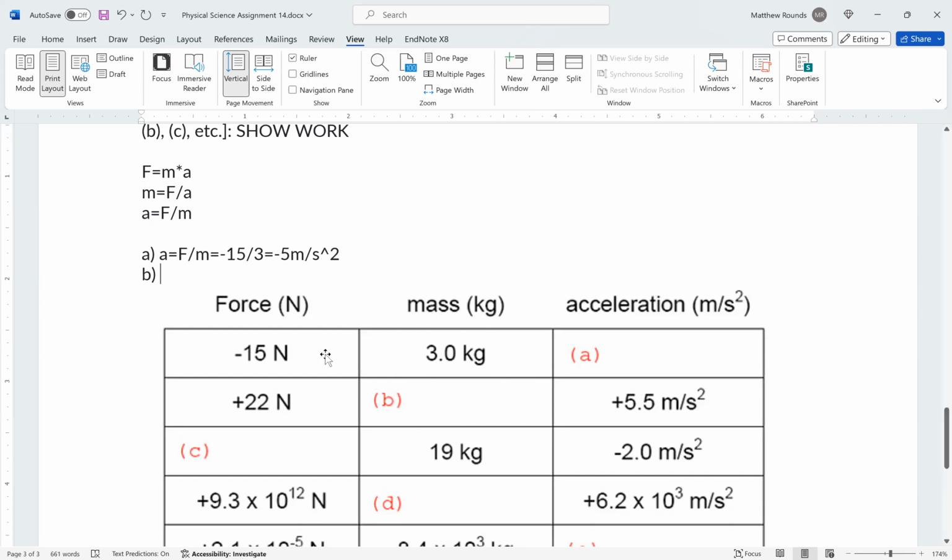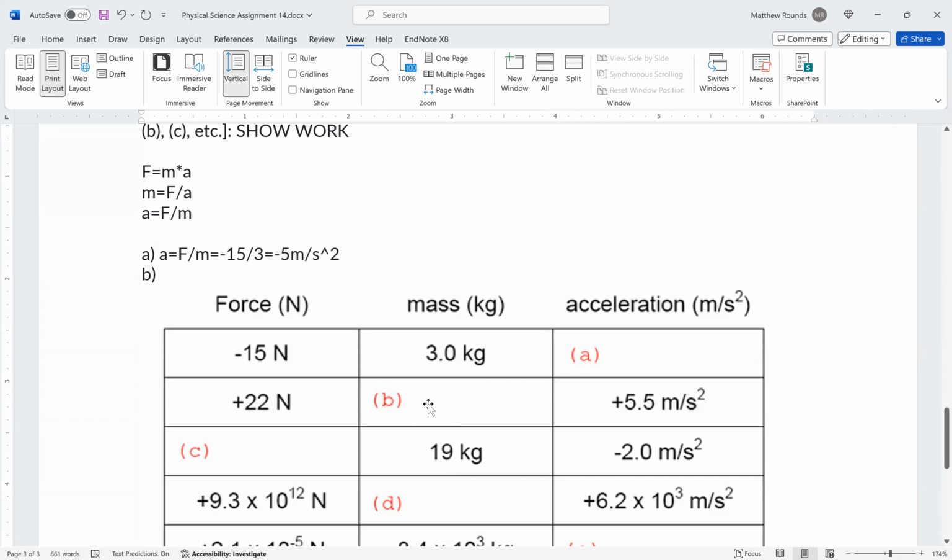So for B, which of the three equations are you going to use? Which one are we solving for here? Are you solving for what is the middle column here? Mass.